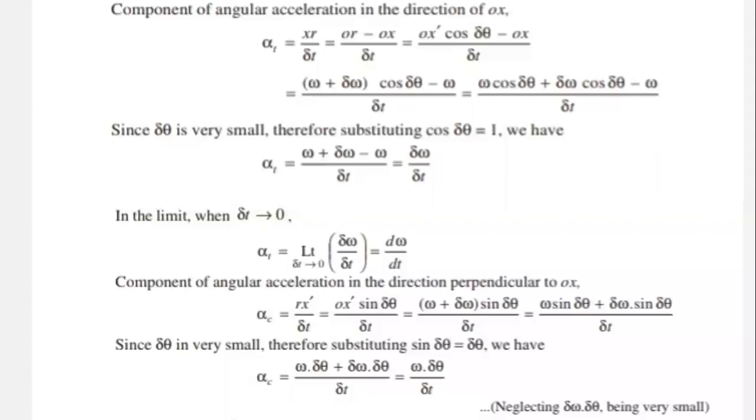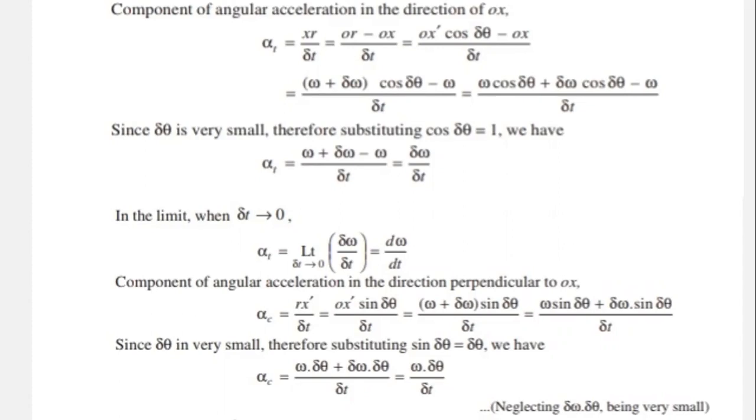In the derivation, XR by delta t, that is OR minus OX, is compared as XR, the change in the linear velocities, and delta t is the time taken. Then OX dash cos delta theta minus OX by delta t is the angular acceleration of the center OX, that is the line OX.